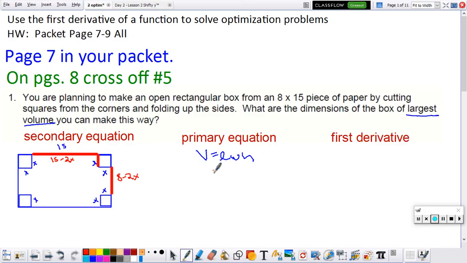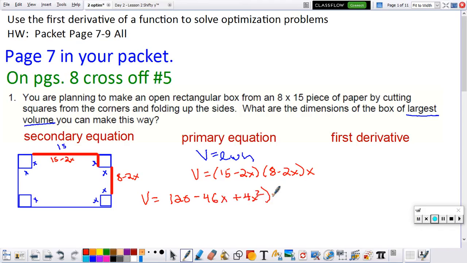So now I've got the equation volume equals 15 minus 2x times 8 minus 2x, and then we know the height is x. So let's multiply this all together. We've got volume equals, if I FOIL the two binomials, 15 times 8 is 120, and then minus 30 minus 16 will become minus 46x, and then plus 4x squared.